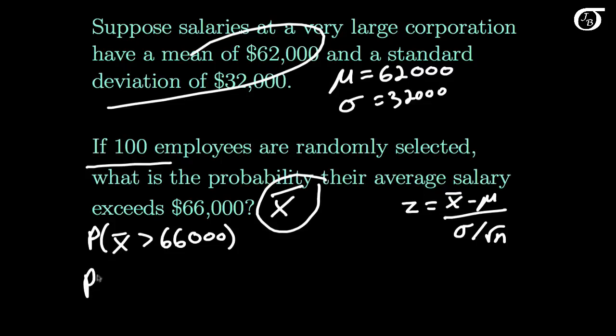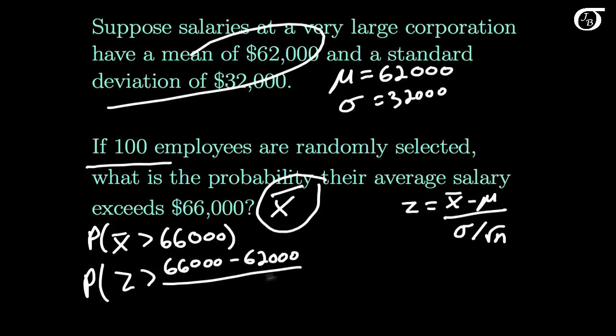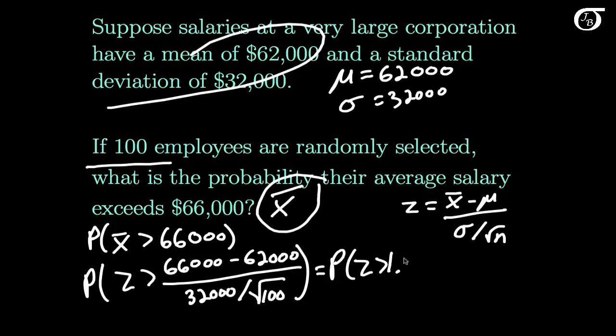And so this is going to be the probability that z is greater than 66,000 minus 62,000 over sigma, which is 32,000, over the square root of the sample size. And this is the probability that z is greater than 1.25. The central limit theorem tells me that x bar is approximately normal, which tells me that z has approximately the standard normal distribution.